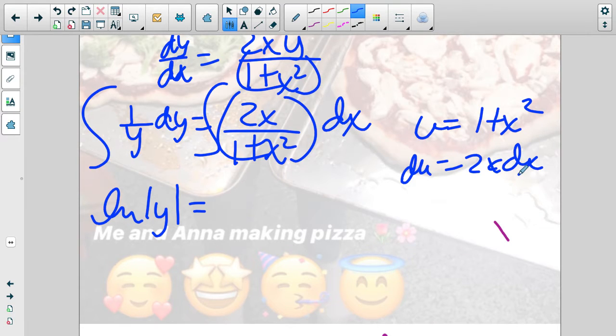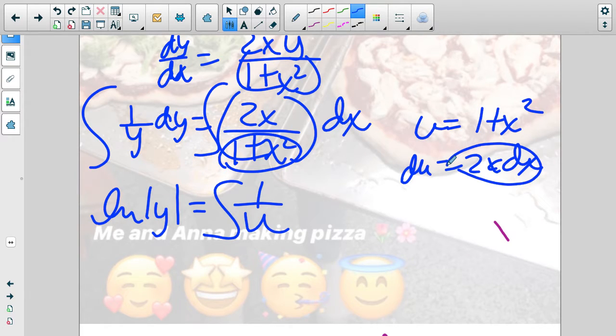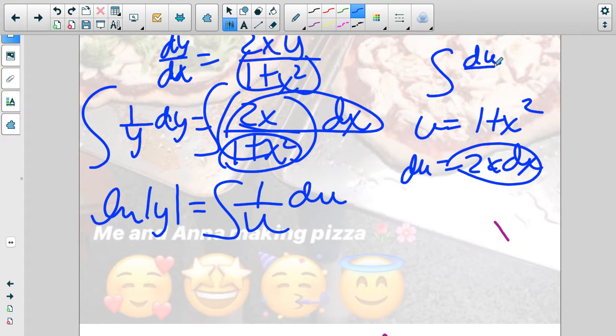By the way, girls, if that was upside down, I would just simplify it. Okay? So this is the integral of 1 over u, this is u, and what is 2x dx? I see the whole thing, is du. You'll see some people write it like this, du over u, that's fine. I just like for you to see the 1 over u in your face, okay? So I'll write it this way.